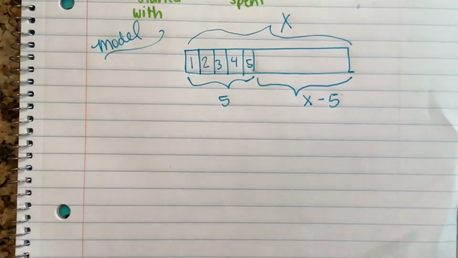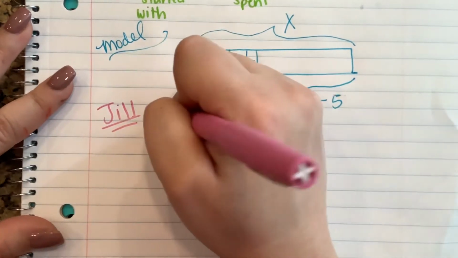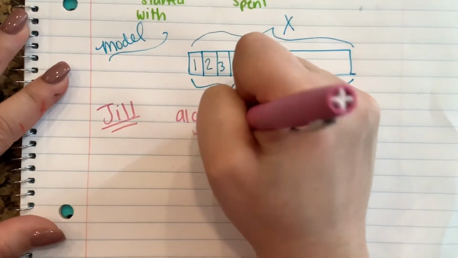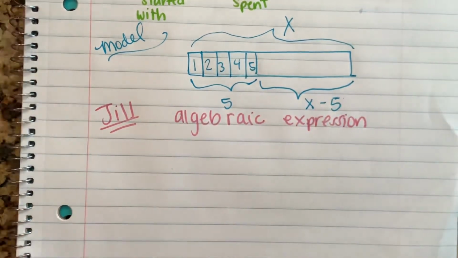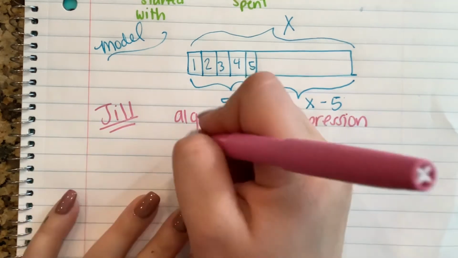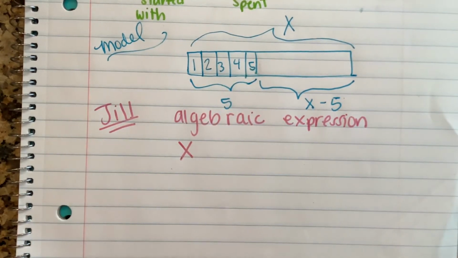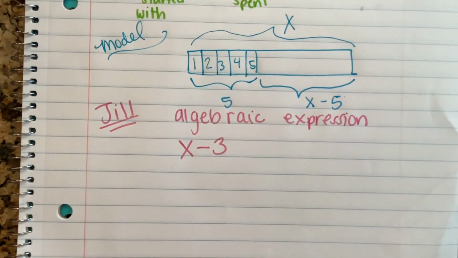Let's move on to Jill now. I'm going to label this is where I'm working on Jill's stuff, and I'm going to write her algebraic expression. Going back to my original problem, it says Jill spent. We still don't know how much she started with, but we do know that Jack and Jill started the day with the same amount of money. So I'm going to use x again. Jill spent $3 on ice cream, so spent tells me minus.